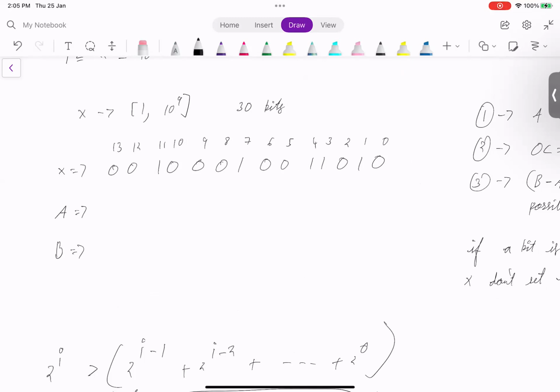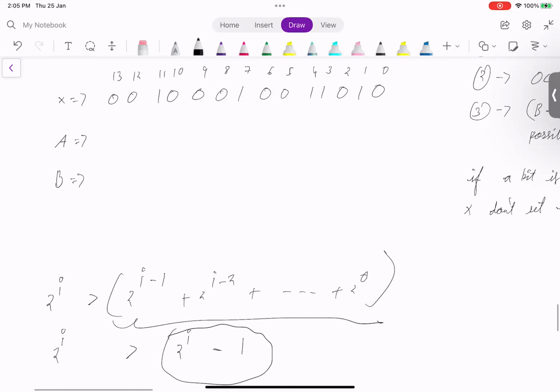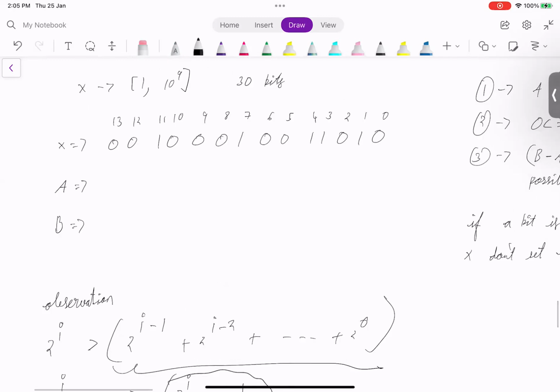From the above observation, it is always optimal for us to set the most significant bit, which has the highest value, in b, and all other set bits which are present after it in a.